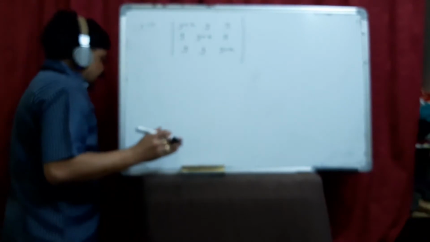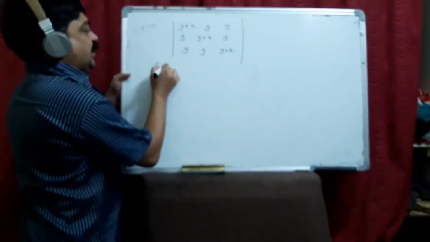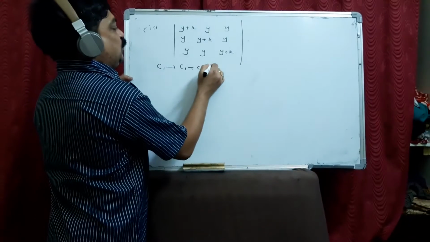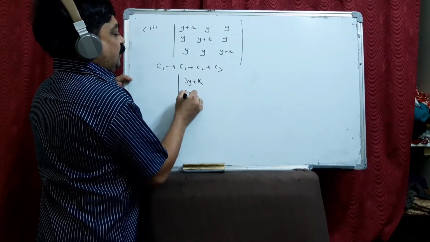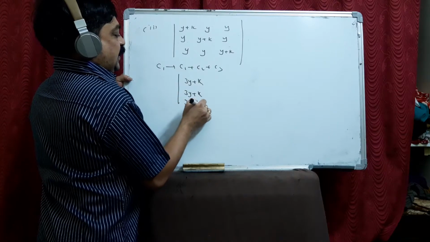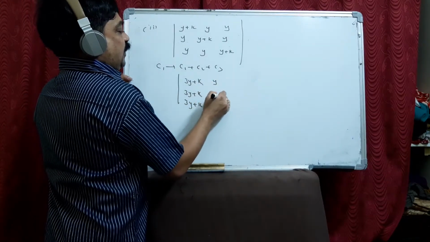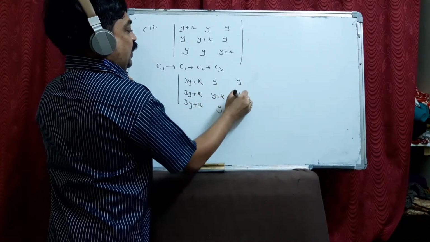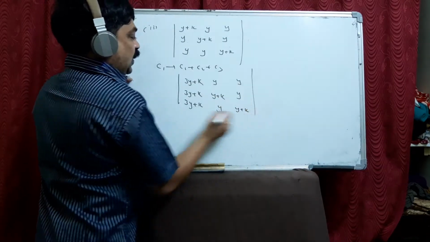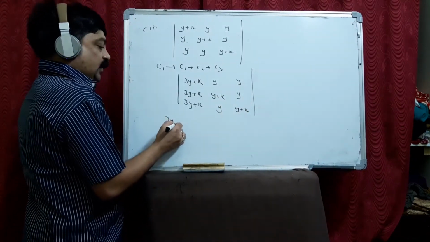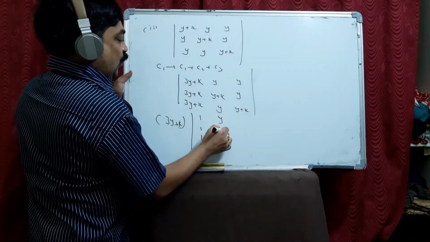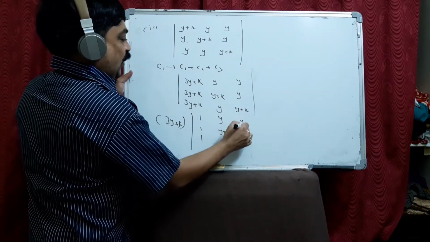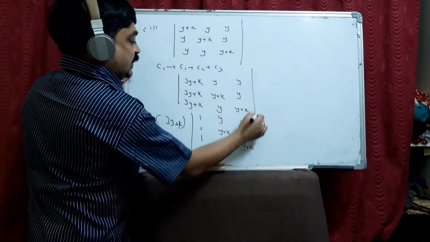The same process we can do for this problem also. It is 3y plus k. Let us take the same process, C1 plus C2 plus C3. The first column becomes 3y plus k, 3y plus k, 3y plus k. So the others become y plus k, y plus k. Now take 3y plus k common from the first column. It becomes 1, 1, 1, y plus k, y plus k. We got three ones.